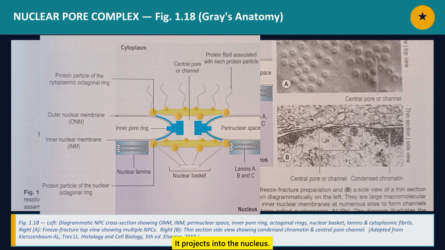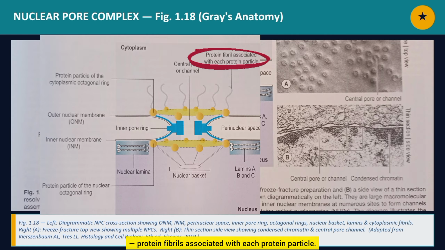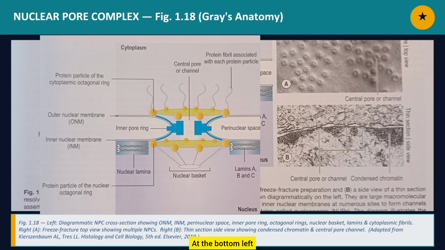It projects into the nucleus. On the cytoplasmic side, you see wavy lines going upward. Those are the cytoplasmic fibrils, protein fibrils associated with each protein particle. At the bottom left, you can see the nuclear lamina, that dense meshwork just beneath the INM. And on the right, it labels lamins A, B, and C. Those are the proteins that make up that meshwork.